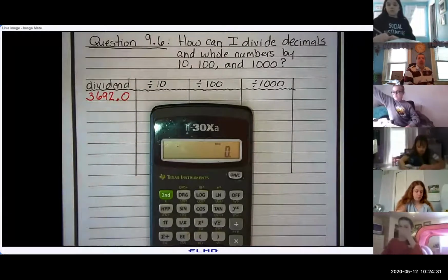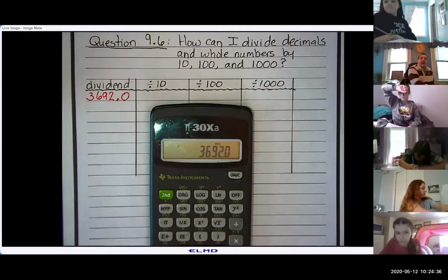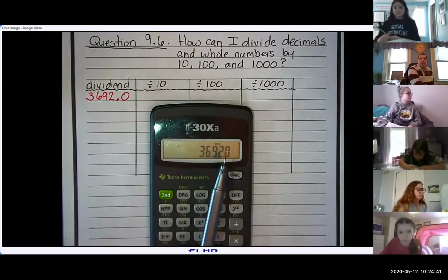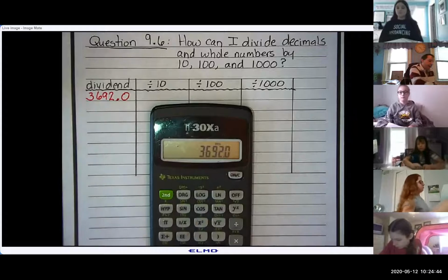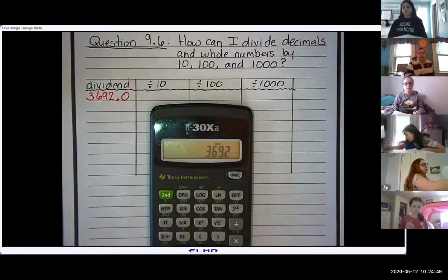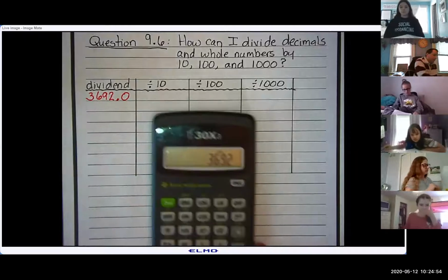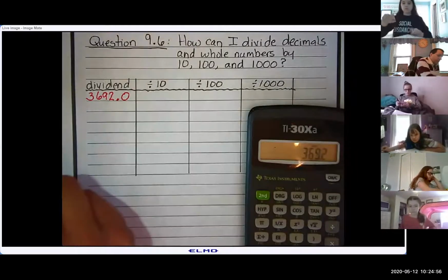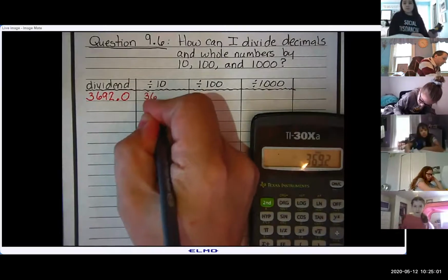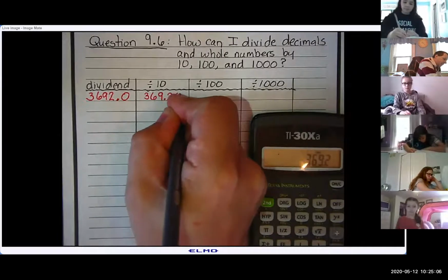And we're going to look for a pattern. 3692.0, and I can see there's a decimal point right here. Can you see that? There's a decimal point. It's very small. And I'm going to hit divided by 10. I'm going to write that down. And I'm going to put the ending 0 there.